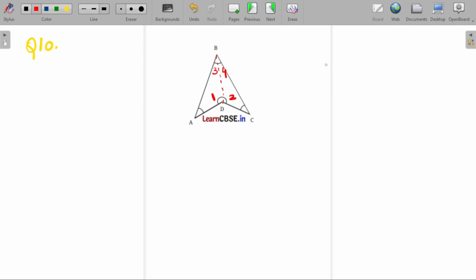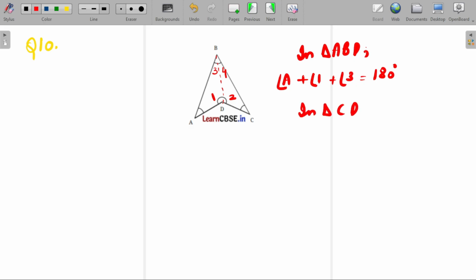In triangle ABD, angle A plus angle 1 plus angle 3 gives you 180 degrees. And in triangle CDB, angle C plus angle 4 plus angle 2 also gives you 180 degrees.